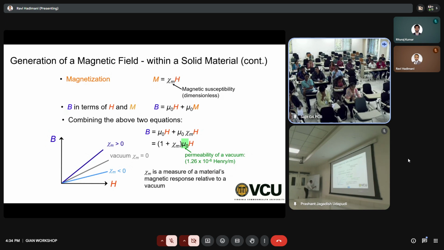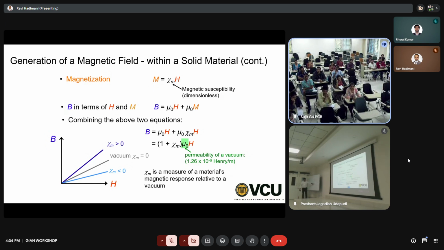Here mu r is smaller than 1, for diamagnetic materials. I don't know, my handwriting is not that clear, but this is ferromagnetic material, paramagnetic material, diamagnetic material.